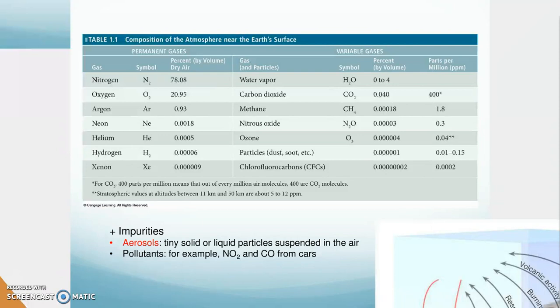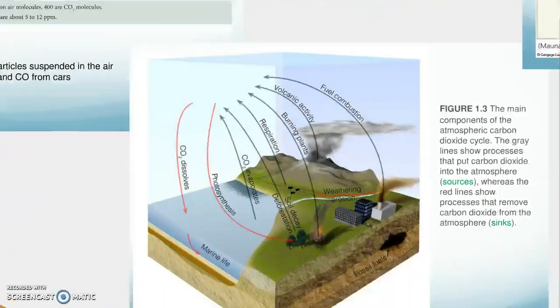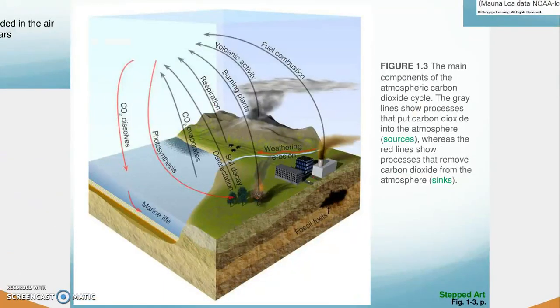Now, what causes these numbers on the right side of the table to fluctuate? Well, that depends on what we call sources and sinks. A source is considered anything that produces some of that compound into the atmosphere. For instance, in this figure, we're looking at carbon dioxide.